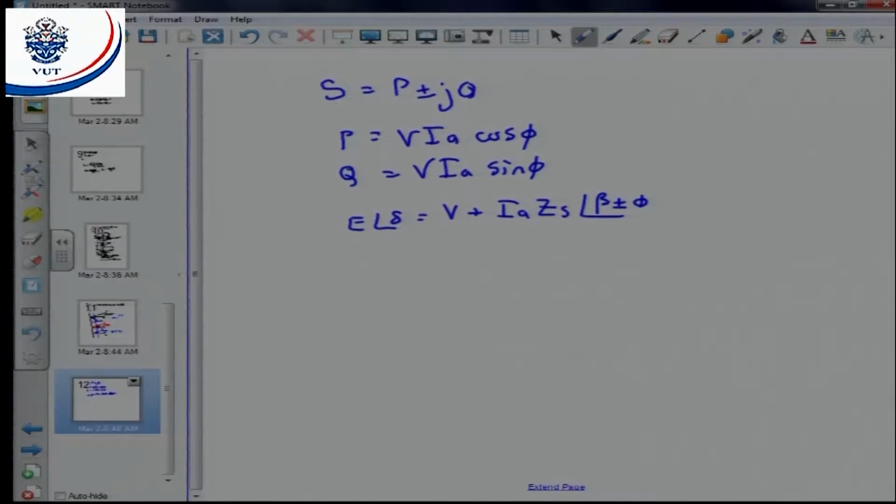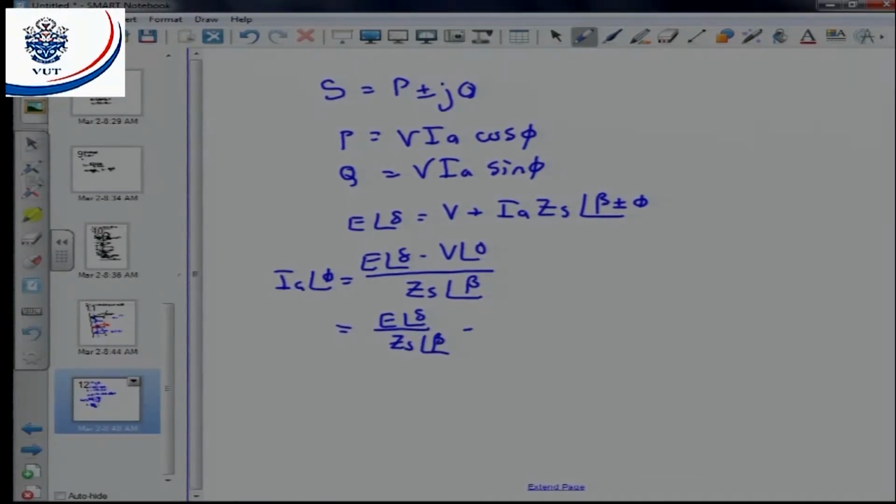We can say that E angle delta minus V angle 0 divided by ZS angle beta is equal to the current IA at an angle of phi. If we break that up, we have E angle delta divided by ZS angle beta, and V angle 0 over ZS angle beta.